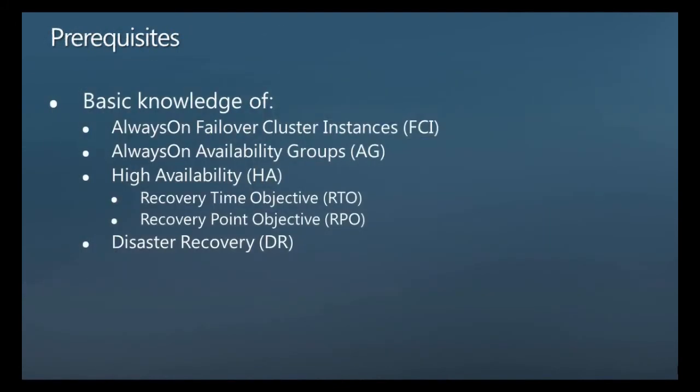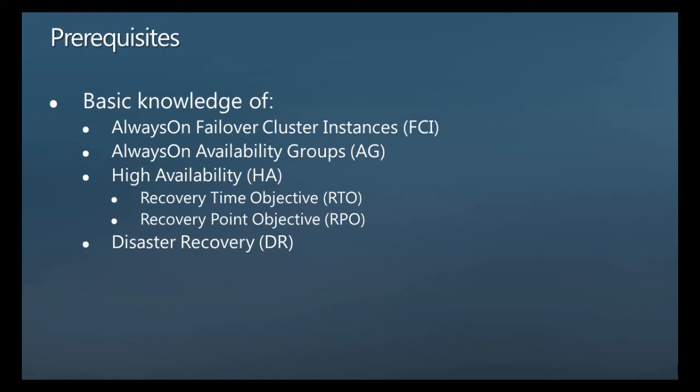For this session, there are some prerequisites you probably need to understand. We need you to have the basic knowledge of AlwaysOn failover cluster instances and AlwaysOn availability groups, how to set them up, what the concepts are, and how you're going to leverage them.